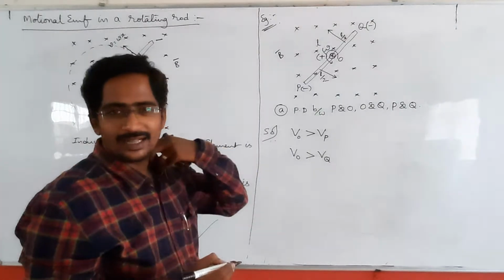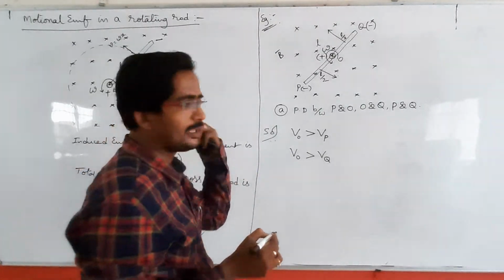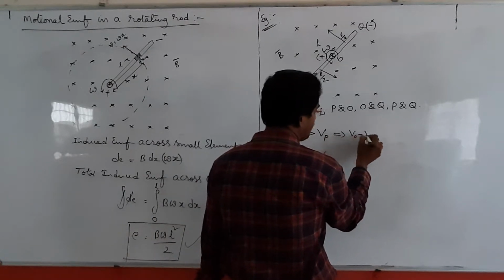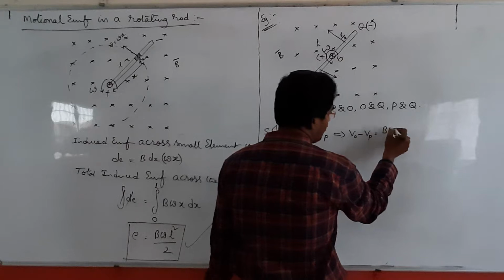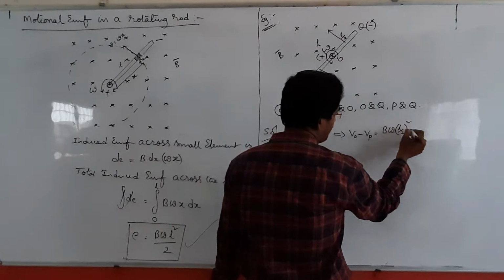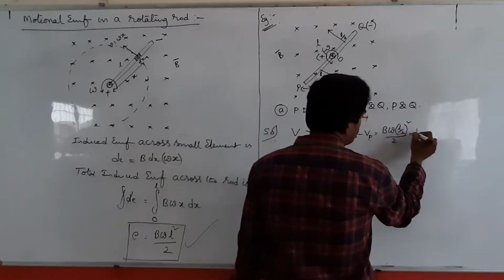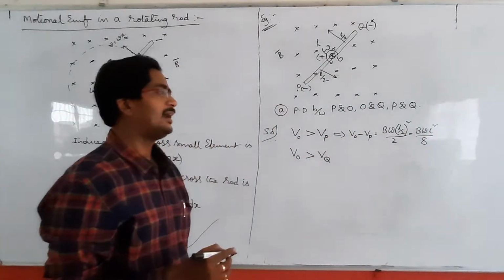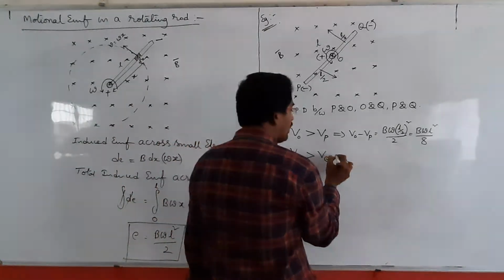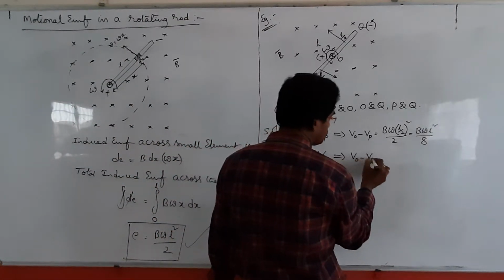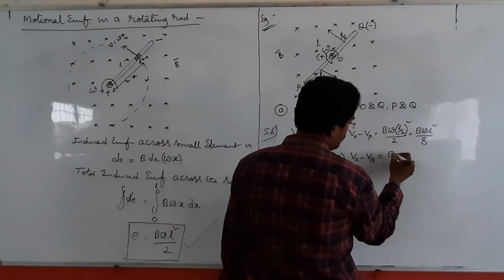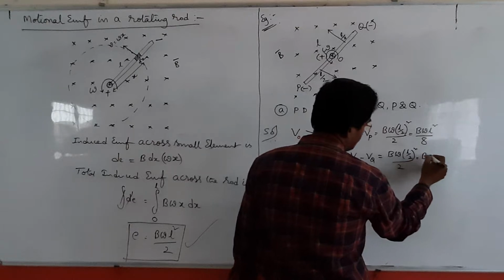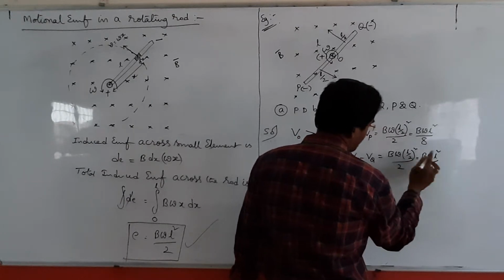Then how do we write the potential difference between O and P? If you apply this formula, VO minus VP equals B omega (L by 2) whole square by 2, that is, B omega L square by 8. Similarly, what about VO minus VQ? It is B omega (L by 2) whole square by 2, that means B omega L square by 8 again.